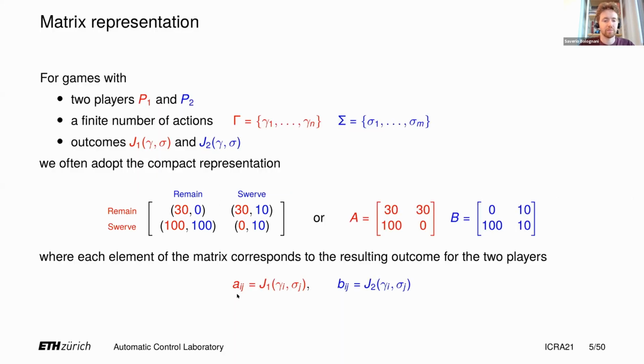Formally, the element a_ij for the outcome for player one is the result of player one playing strategy i and player two playing strategy j, and a_ij describes the cost, capital J1, for player one, and similarly for B. I'll try to stick to the two colors, red and blue, for the rest of the slides, unless this is too confusing.